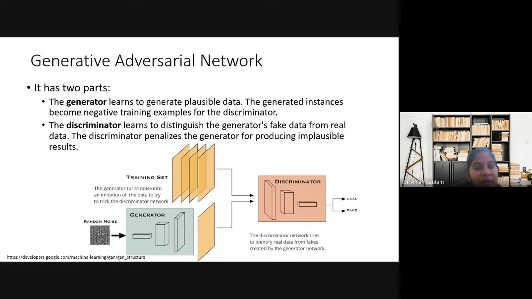It will do this until the discriminator is not able to find out whether the fake image is real or not. Likewise data is generated. The discriminator just uses the training dataset to identify the difference between real and fake images. So this is a generative adversarial network whose aim is to generate synthetic data.